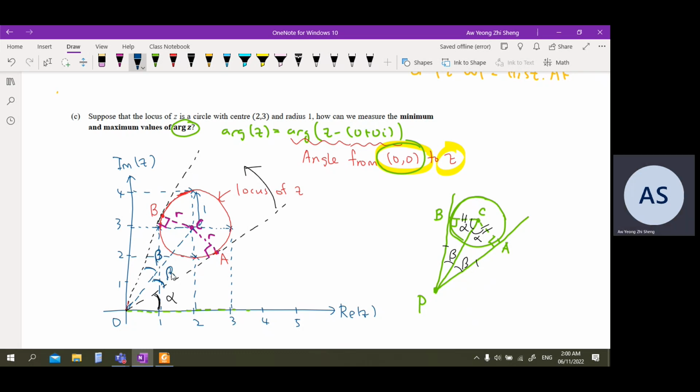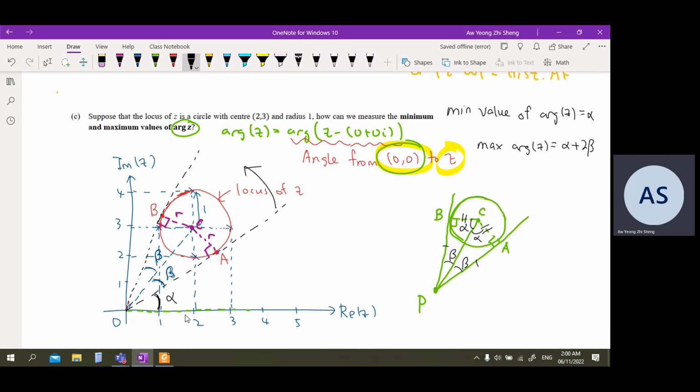I'll label both of these as beta. And so now I know that the minimum value of argument z must be alpha, while the maximum value of argument z is alpha plus 2 beta.